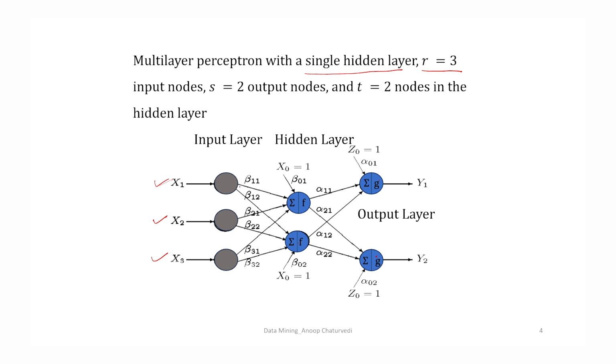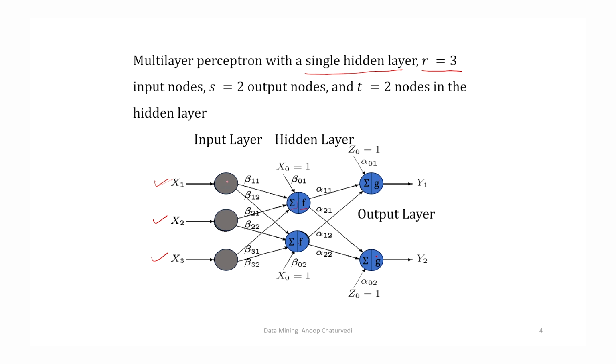So, what we do? We combine x 1, x 2, x 3 with weights beta 1 1, beta 2 1, beta 3 1, and then we get this sum, and then we apply this activation function. So, we reach to this node. Of course, we also take x naught equal to 1, and beta naught 1 is the weight corresponding to the bias.